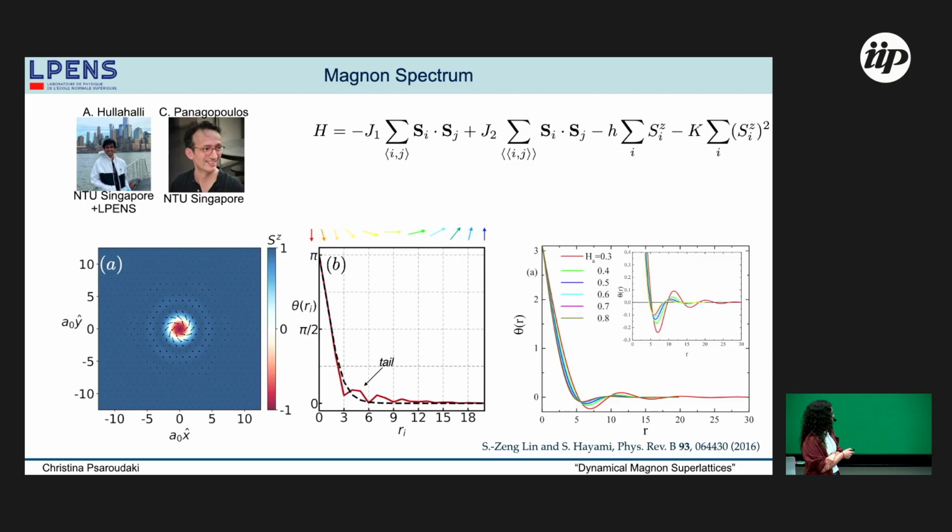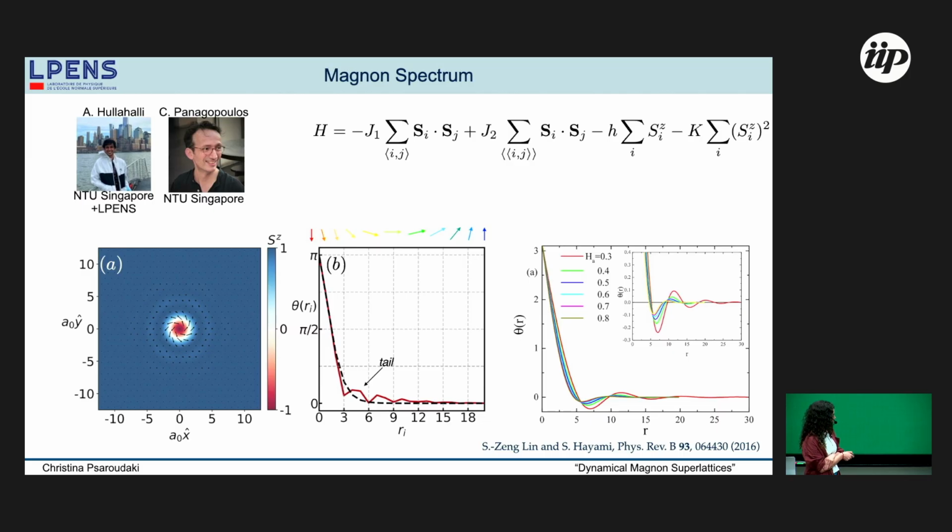We started analyzing this model, again with ferromagnetic nearest neighbors, antiferromagnetic next neighbors, some magnetic field and some anisotropy. If we minimize this model, then for certain magnetic fields we find the single skyrmion as the ground state, like the one you can see here. Now we see how the profile of this skyrmion, how the S_z changes as we go from down to up, is plotted here.